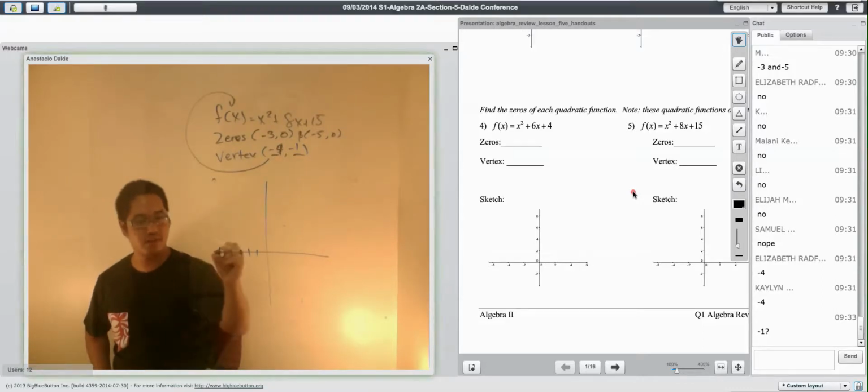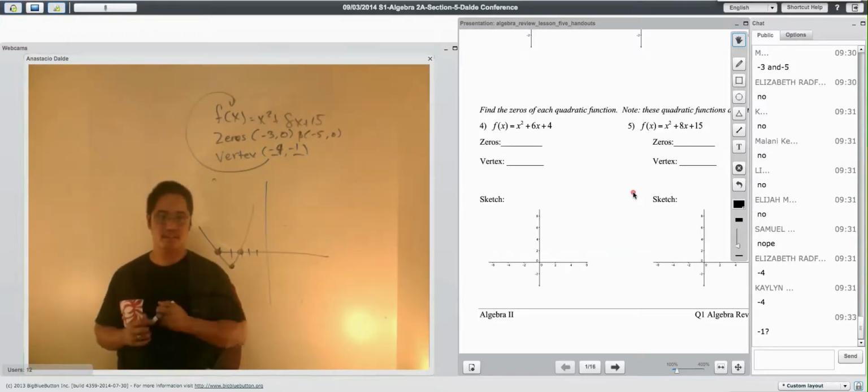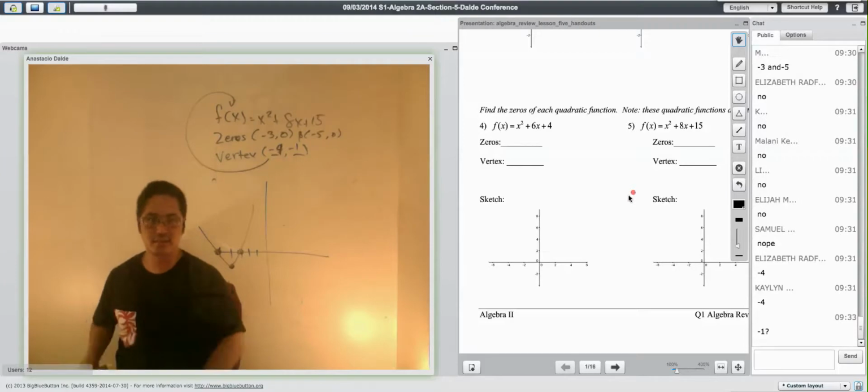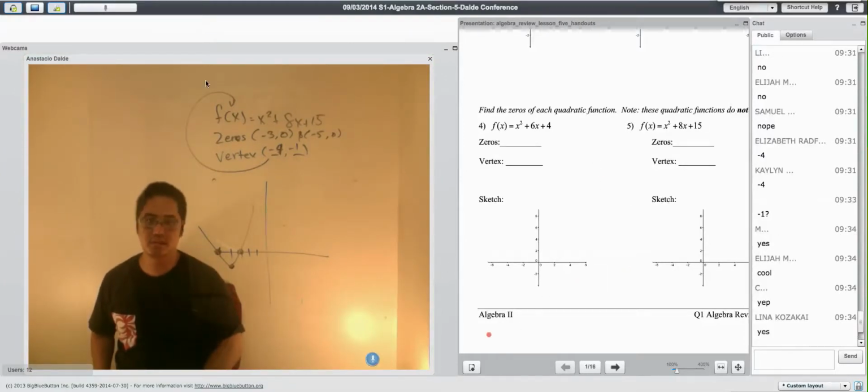So I have a parabola that has to cross between these 3 points. That must be the parabola. You guys like it? You guys understand it? We cool? Awesome.